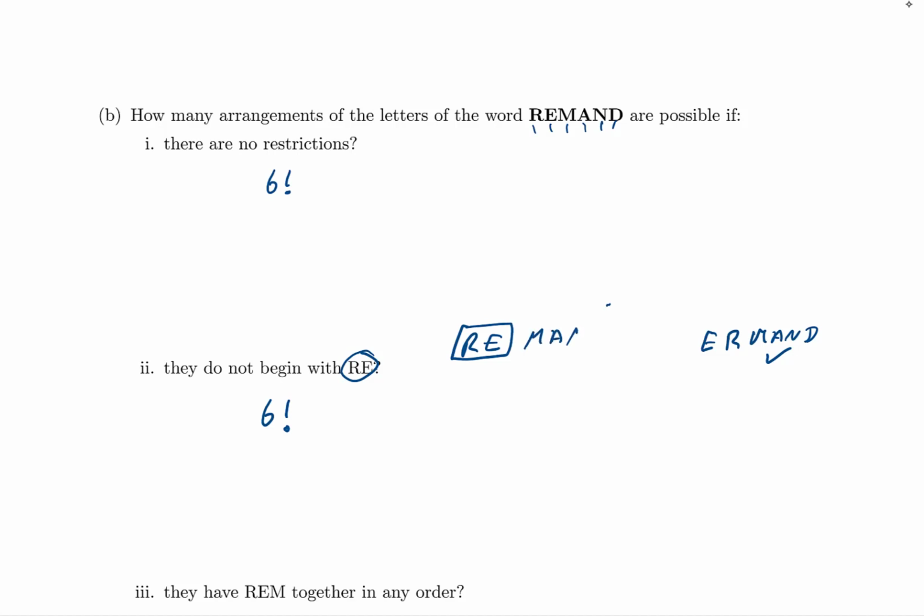How many ways can we arrange them? Factorial 4. Therefore, we subtract factorial 4 from the total without condition, so it is factorial 6 minus factorial 4. But if the question asks about RE and ER, then you have to consider both ways.